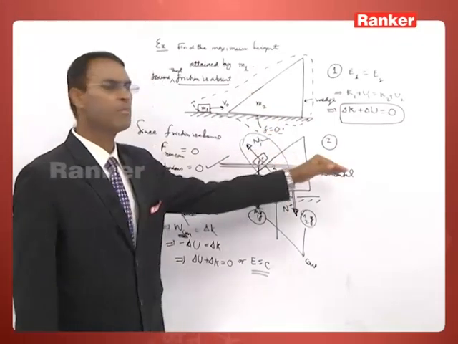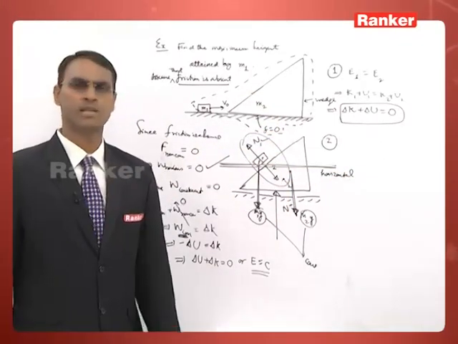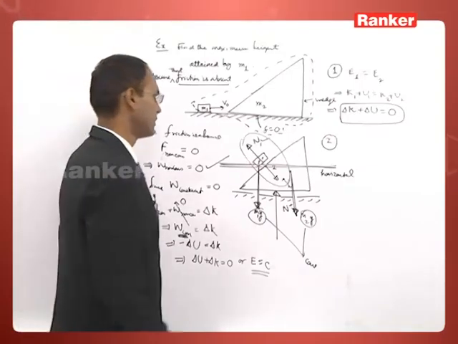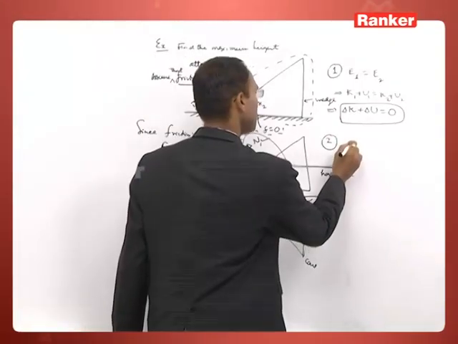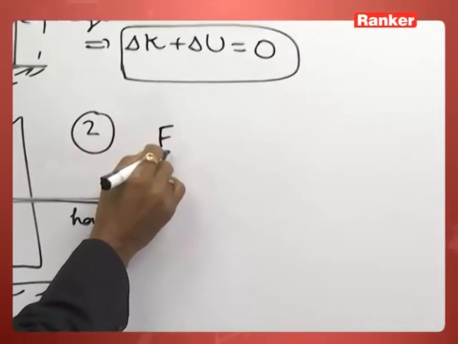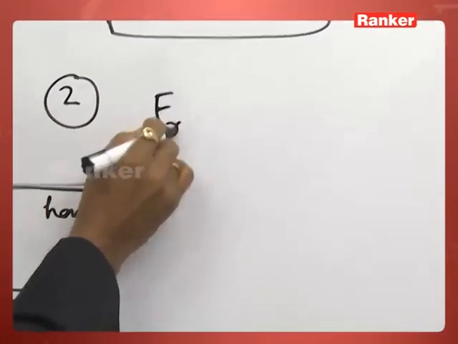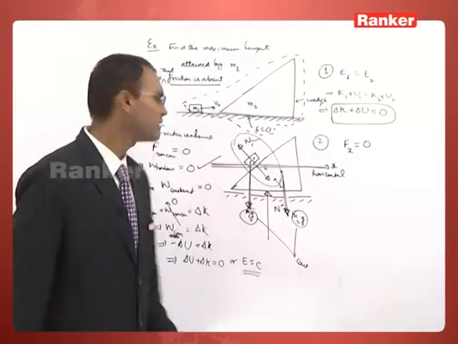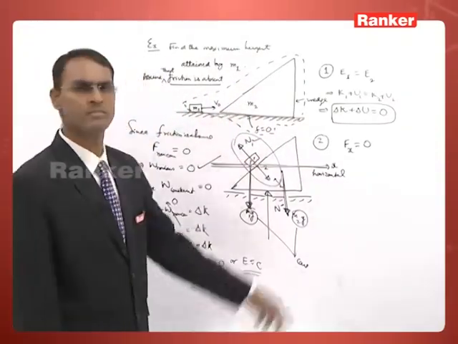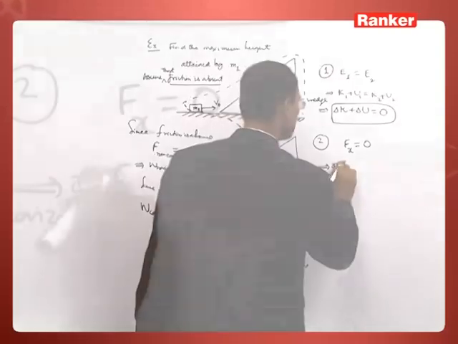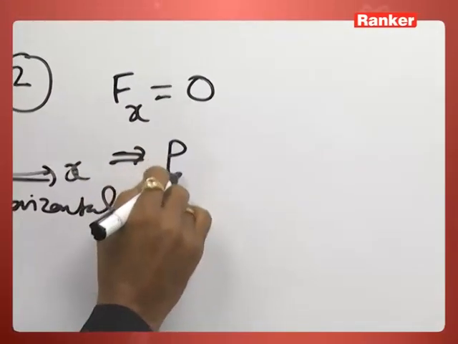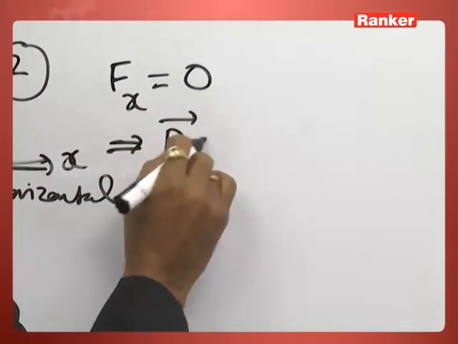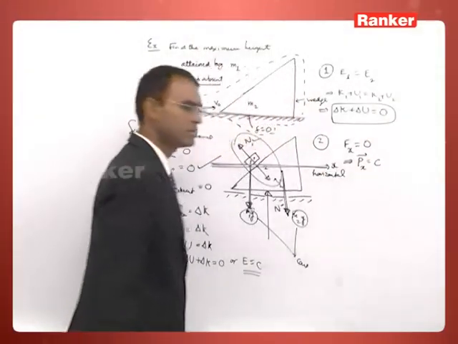They cannot have any component along horizontal direction. Hence you can write that along x direction or horizontal direction, no net force is acting on the system. Therefore, the horizontal momentum of the system will remain conserved.